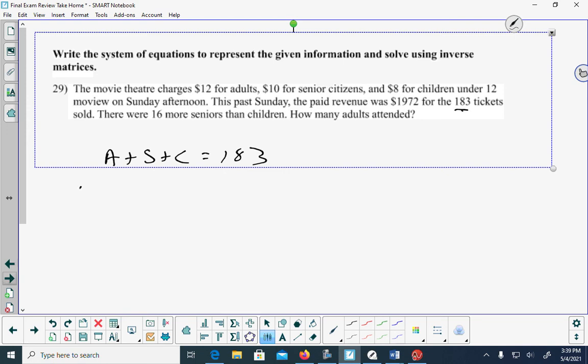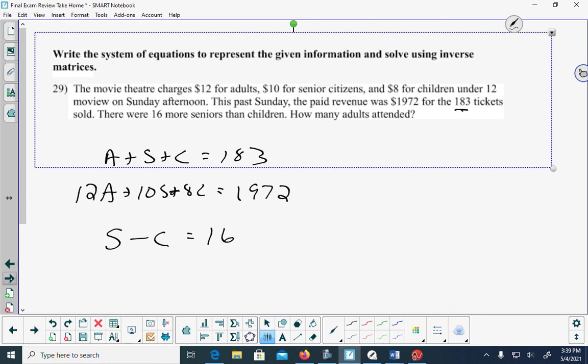I charged $12 for the adults, plus $10 for the seniors, plus $8 for the children, and my total revenue was $1,972. Then they tell me that there were 16 more seniors. So seniors minus children, because there are more seniors than children. When I subtract these two, I get 16. So those are going to be my three equations.